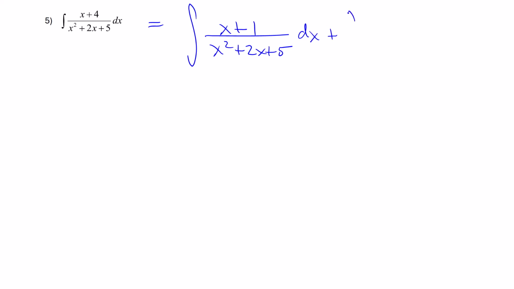But then we're going to have to add that to another term to make this splitting up into two integrals with what's left. Well, notice the numerator I split as x plus 1, but I had originally an x plus 4. So obviously I have to keep the other value of 3 around. I'm going to put that as the numerator of my second term, and then keep it as x squared plus 2x plus 5.